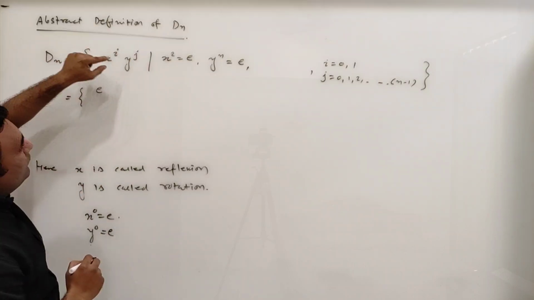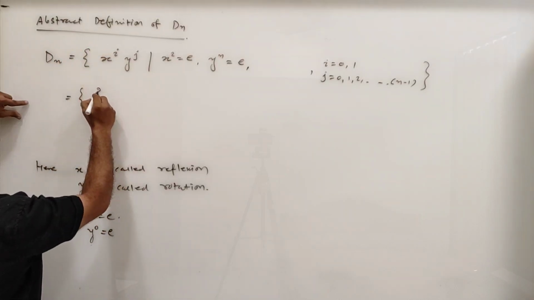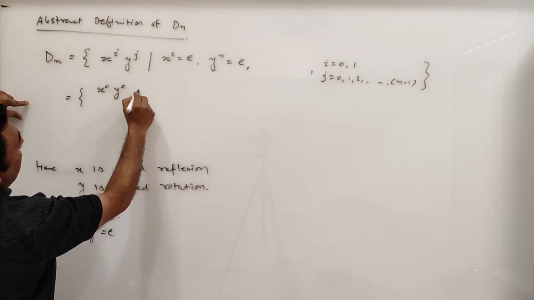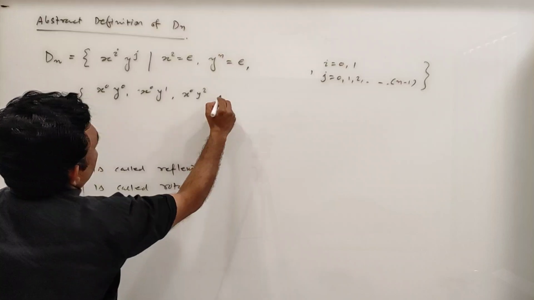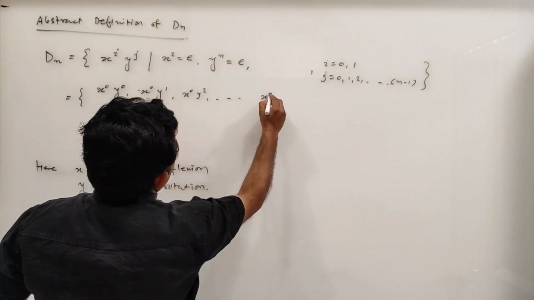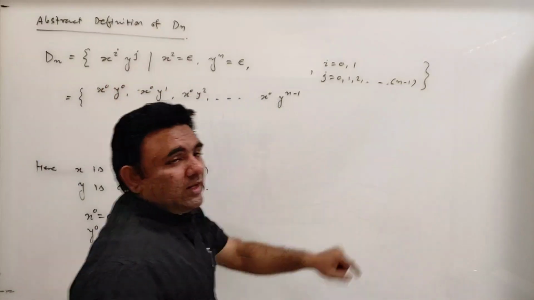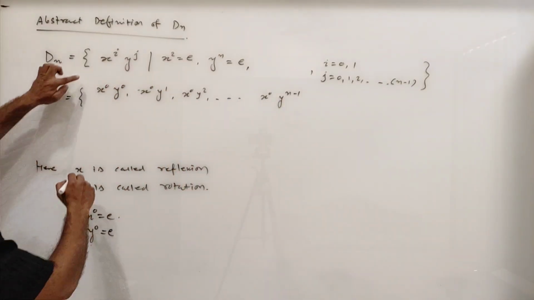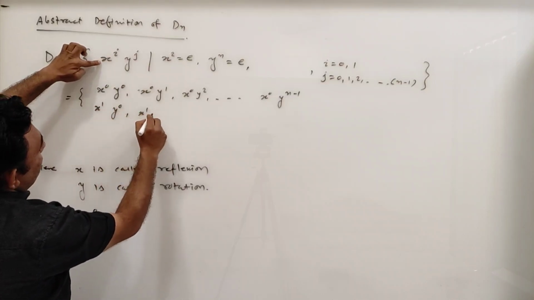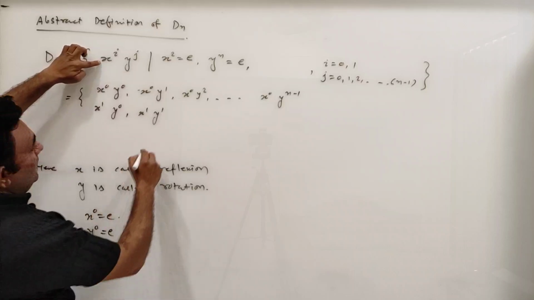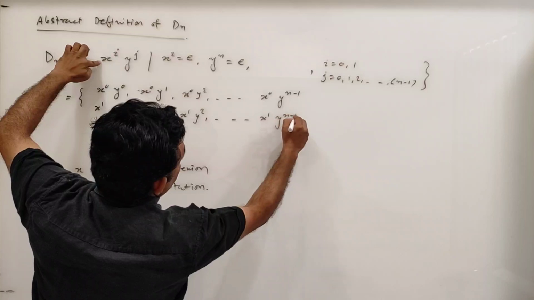And now you fix i is 0, and let me write x0 y0, x0 y1, x0 y2, and like that x0 y raised to n minus 1. Then i is 1, so x1 y0, x1 y1, x1 y square, and so on, x1 y raised to n minus 1.